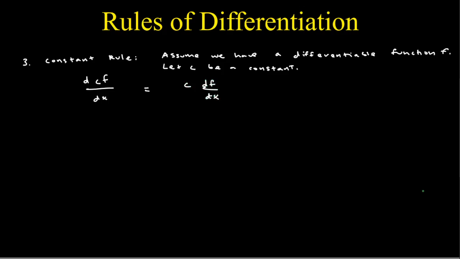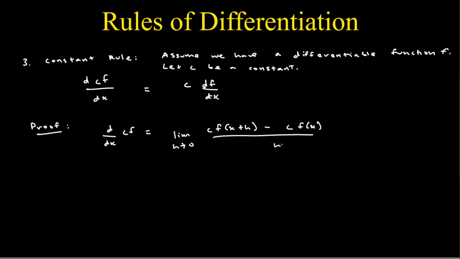And so the proof of this is: d/dx of c times some function f is equal to the limit as h tends to 0 of c times f of x plus h minus c times f of x, divided by h, because it's the same function, but everything's multiplied by c.